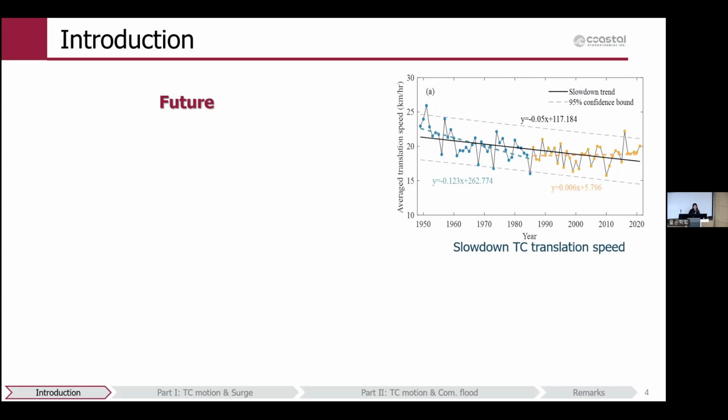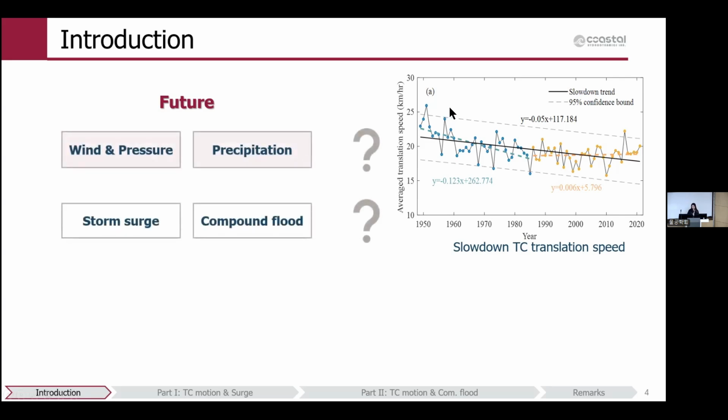This phenomenon can change the risk of the coastal hazard. When the TC motion changes, what will happen to the wind, pressure and precipitation field is the question, and how it will affect these two events is also our focus.